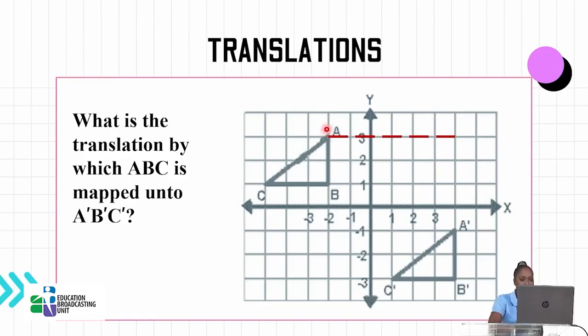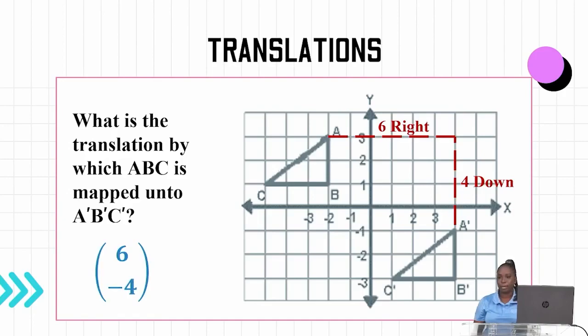And so if we count 1, 2, 3, 4, 5, 6 places to the right, and it moves downward. 1, 2, 3, 4 places down. And so, since we went to the right and down, our x value is going to be positive and our y value is going to be negative, which therefore gives us a position vector 6, negative 4.